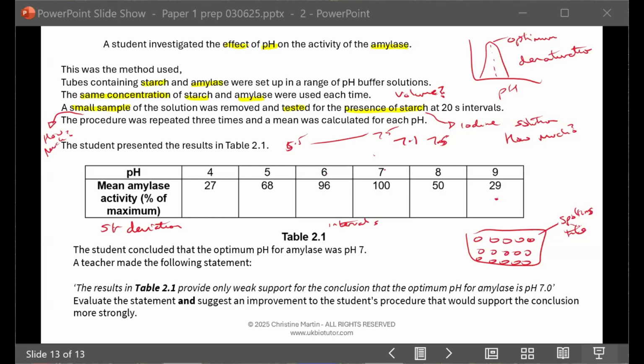If you were to do colorimetry for this experiment, what colored filter would you use? So in this case, oh, interesting. So we're going to do iodine, which is a blue-black color. So I would say blue-black if starch is present. It's orange-brown when it's a negative result.